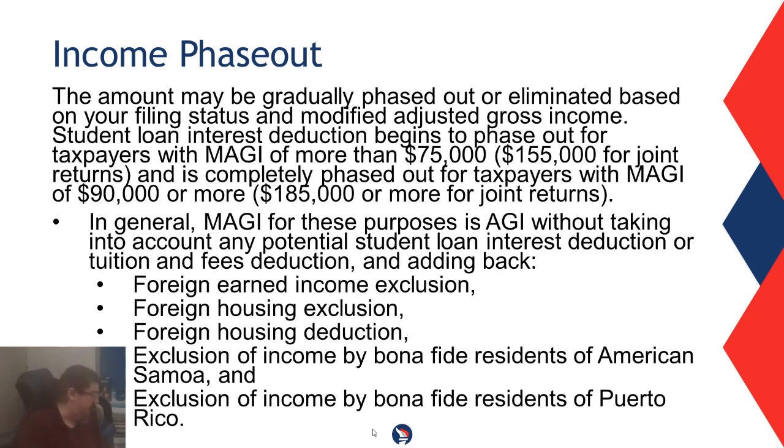But what that means is if you are below the lower limit, you get the full student loan interest deduction, which, again, I don't know if we mentioned it, is capped at $2,500. If you're above the higher amount, you get no student loan interest deduction, and if you're between those two numbers, you get a partial student loan interest deduction.